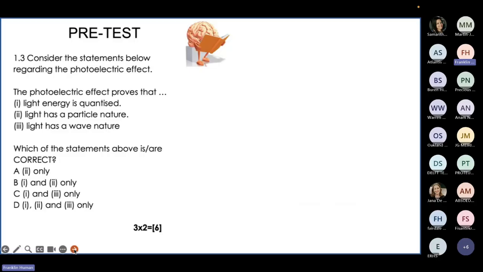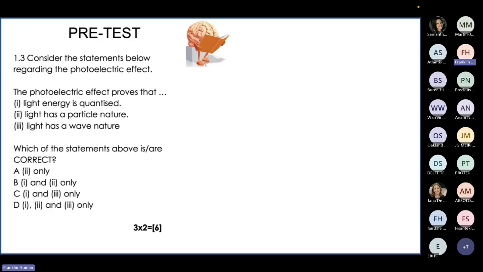Okay, this is just quickly before we look at the answers. It says the photoelectric effect proves that light energy is quantized, and that is exactly what I mentioned. I just didn't say it in such a fancy way. Remember, I said that light of different frequencies comes pre-packed with little energy packets, photons, that have specific amounts of energy.